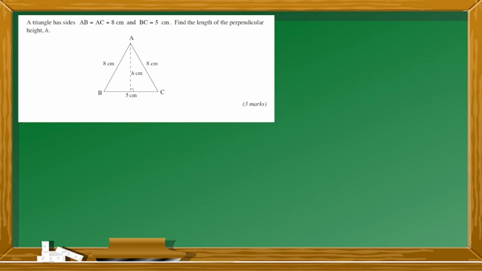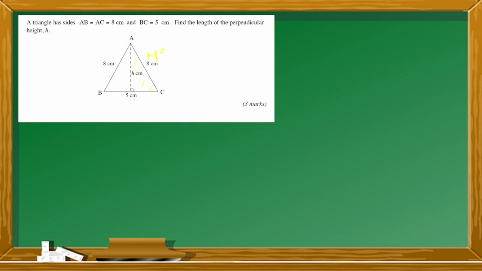And if we look at this right here, we see that we actually have two right-angled triangles. We're just going to focus on one of these triangles, the triangle to the right. We know that this is a 90-degree angle, therefore the 8 centimeters is our hypotenuse. And we want the length of the shorter side. We're only given the length of BC.